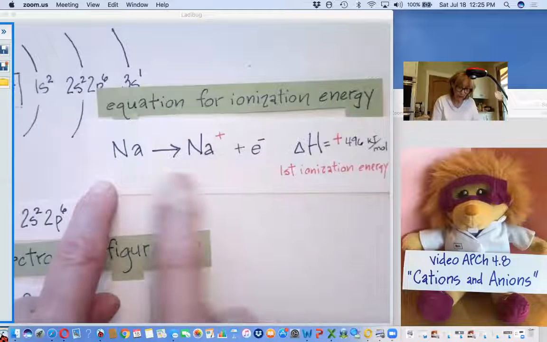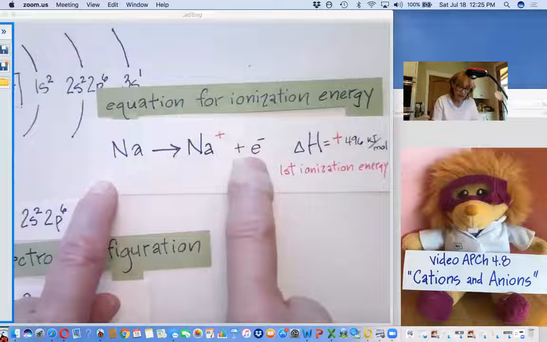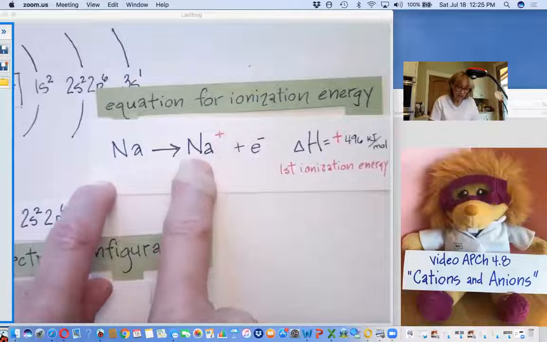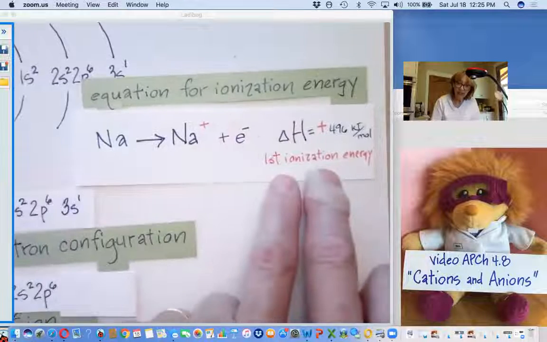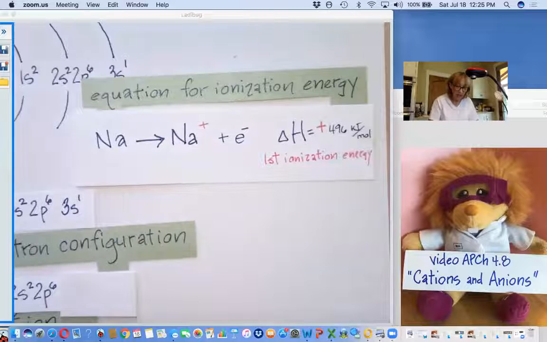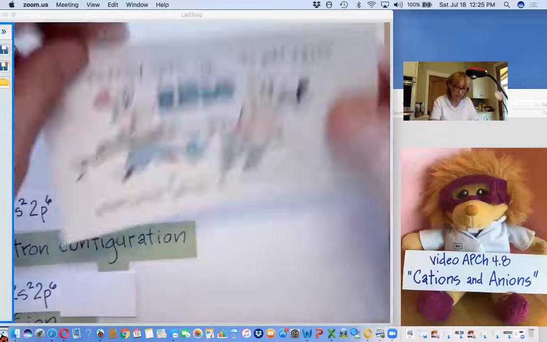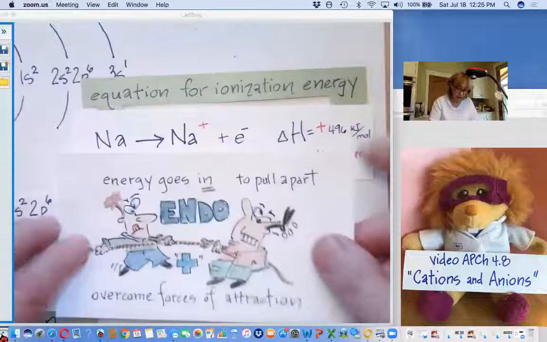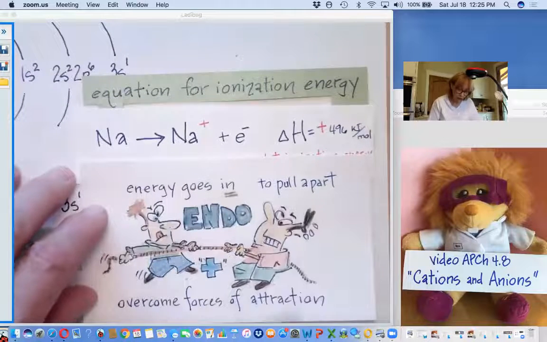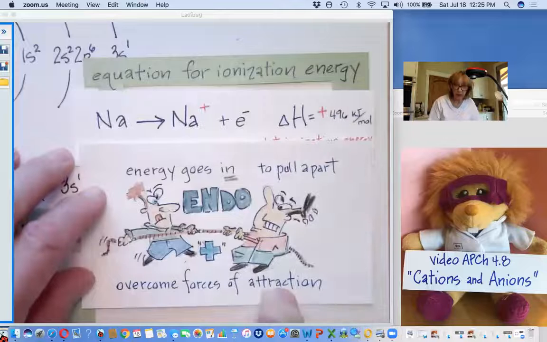Notice we only lose 1 electron, and now the ion is 1 plus. The ionization energy that's needed to do that is 496 kilojoules, and it is a positive quantity because remember, energy must go in if you're going to overcome forces of attraction.